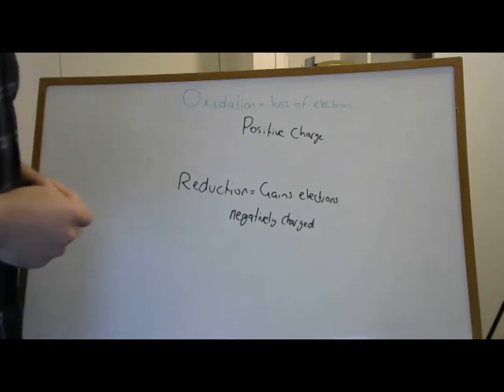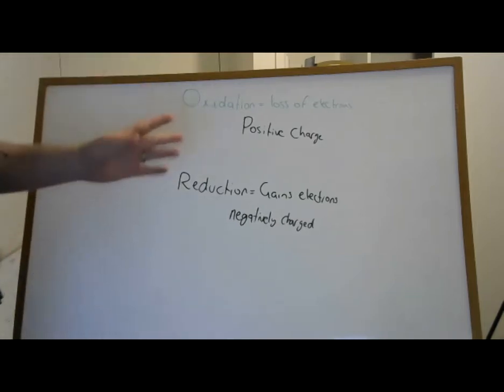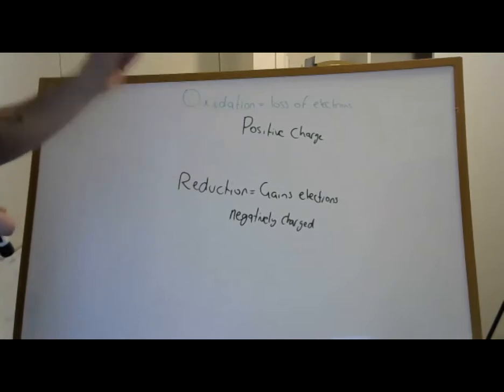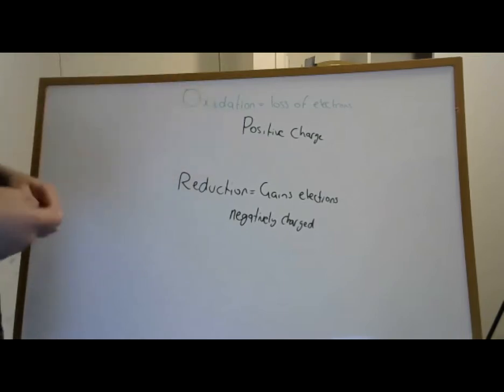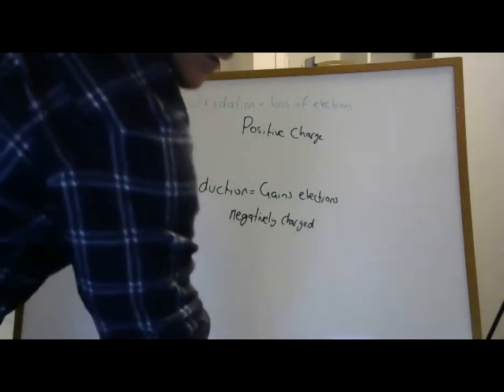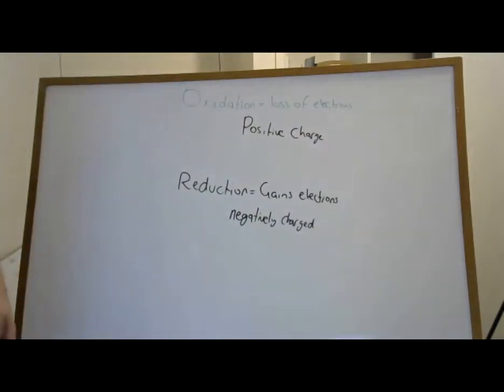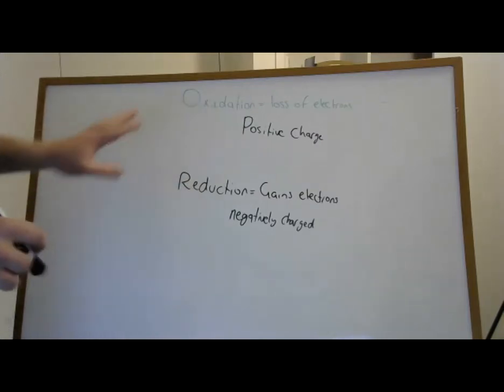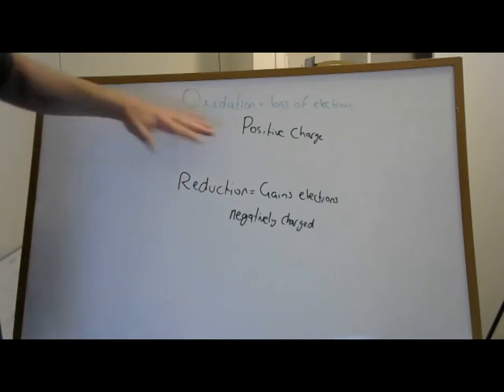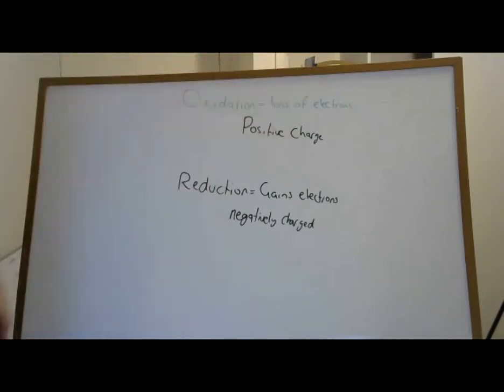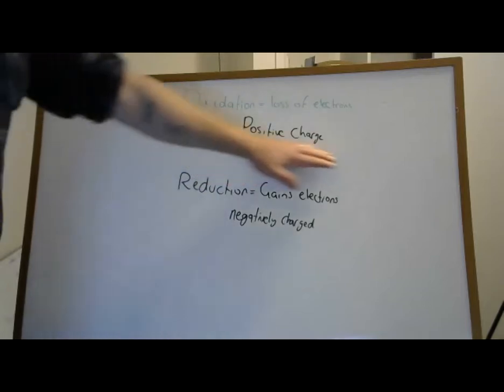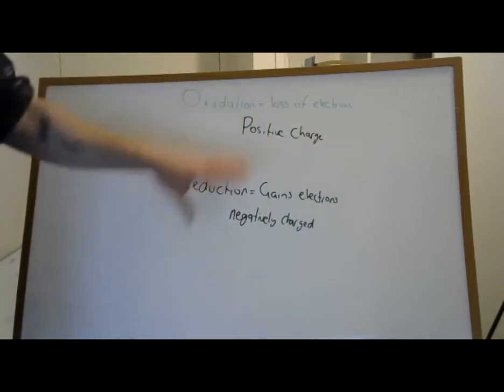An easy way, if it's had oxygen added, it's been oxidized. If it's had hydrogen added or oxygen removed, it's called reduction. But I wouldn't worry too much about that. Just remember, oxidation is the loss of electrons. It becomes positively charged or it becomes more positively charged.